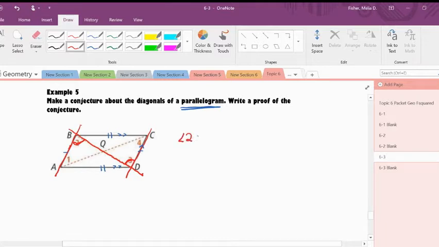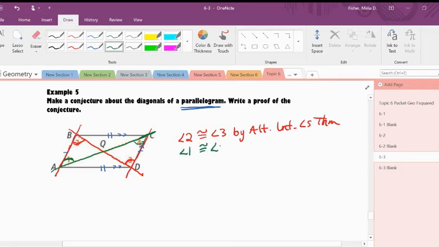So let's just say angle 2 is congruent to angle 3 by alternate interior angles theorem. Kind of do a little bit of an informal proof here. Then we can look at this transversal and discover that angles 1 and 4 are also congruent by the alternate interior angles theorem. So we'll give those 2 marks.